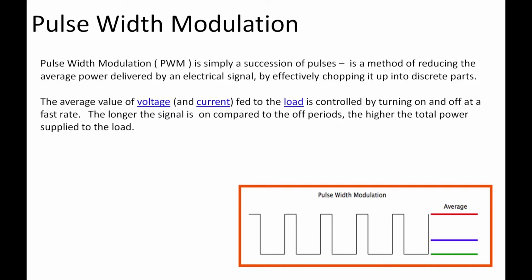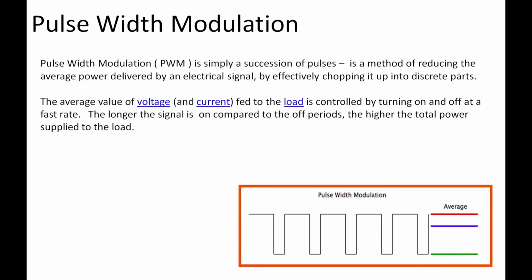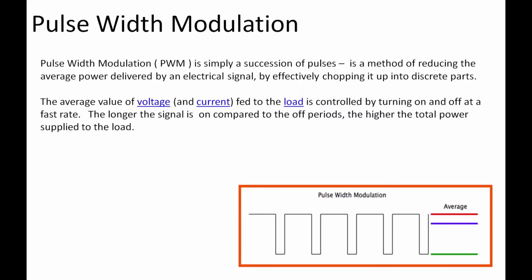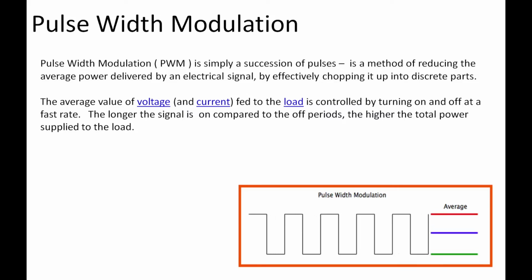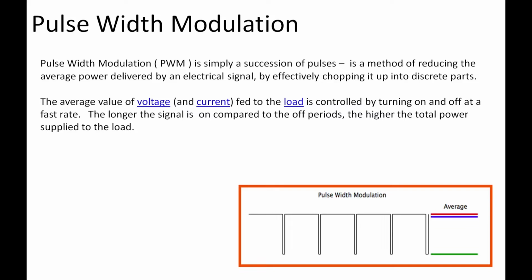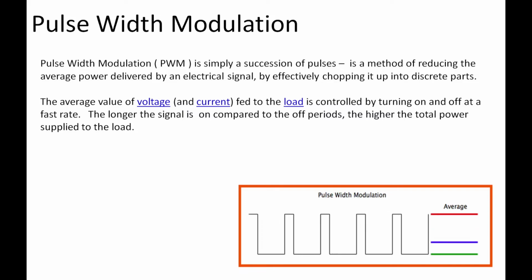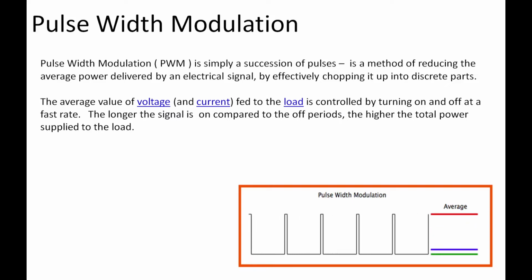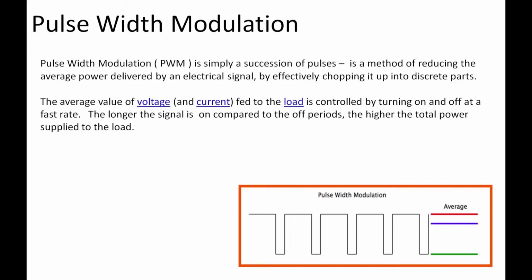It's a method of reducing the average power of the electrical signal by effectively chopping it up into segmented steps, via the duty cycle. So the average current that is fed to the device or the load is turned off and on at a high speed rate, and the longer the signal is on compared to the off, the higher the total power supplied to that load.